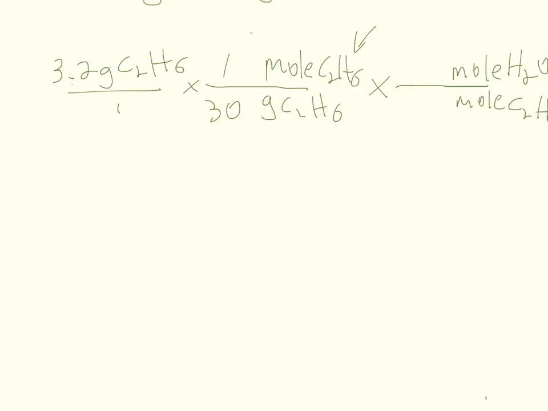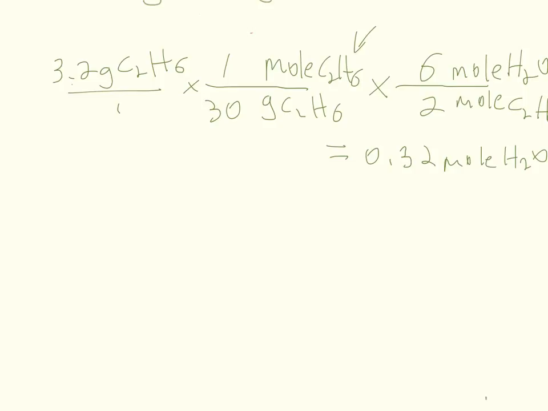For the water, the coefficient is a 6, so I'm going to write 6 for the water. For the C2H6, its coefficient is a 2, so I'm going to put a 2 on the bottom. At that point, I can go ahead and solve and get a numeric answer. In this case, my numeric answer comes out to be 0.32 moles of water. That's fine for the C2H6.